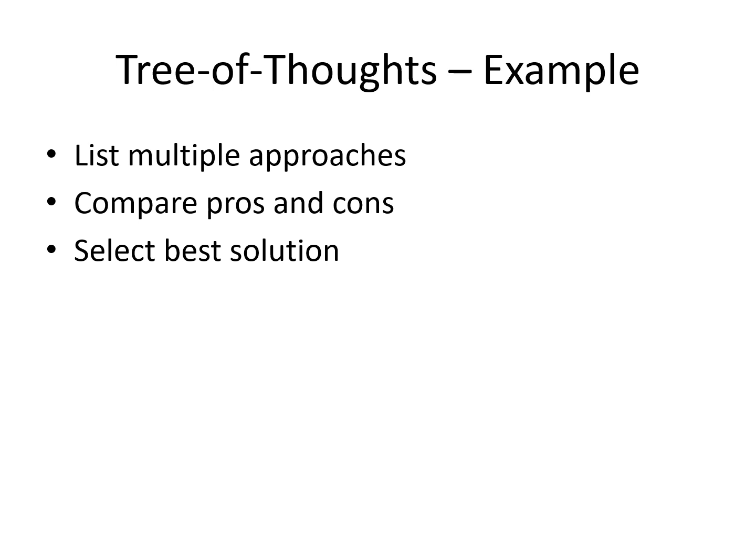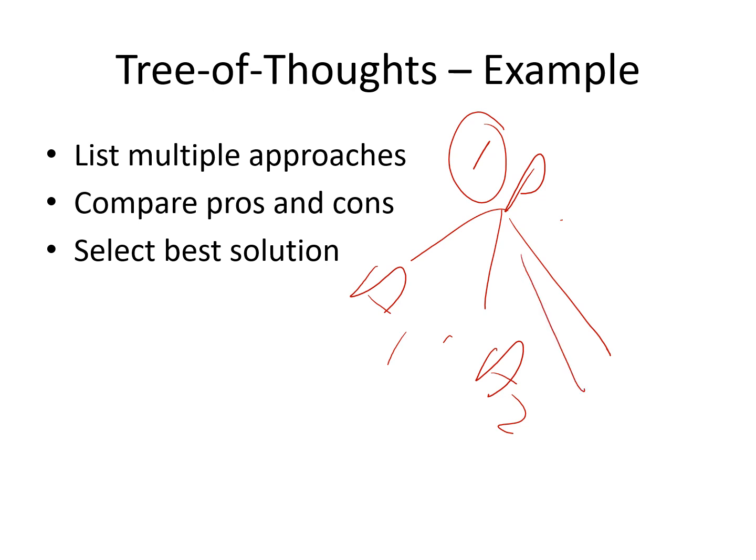You have one problem, then you have multiple approaches: approach 1, approach 2, approach 3, approach 4. It will compare the pros and cons of these approaches, and then finally select the most effective solution among these.